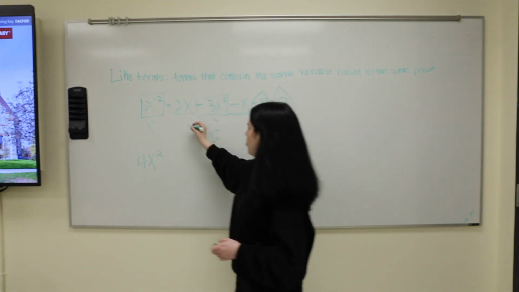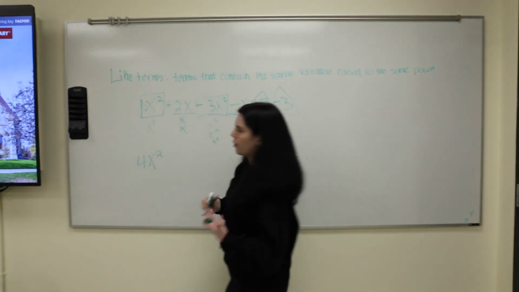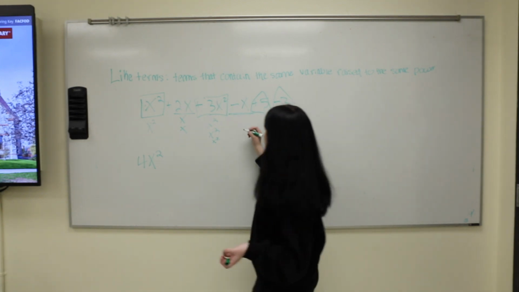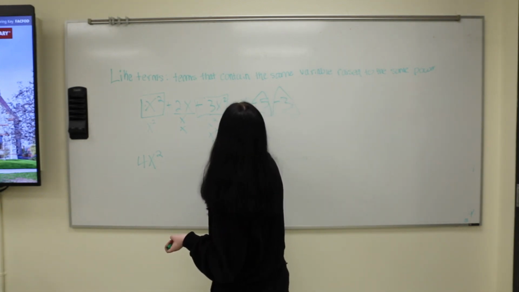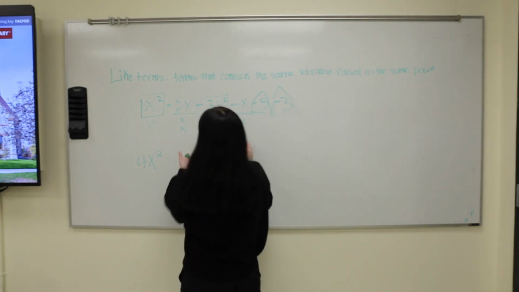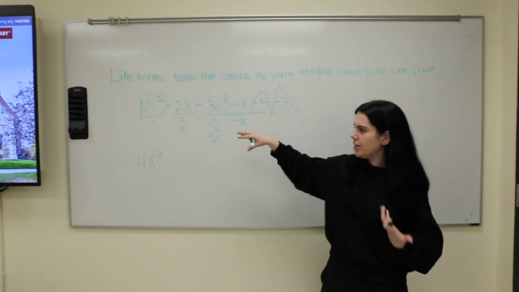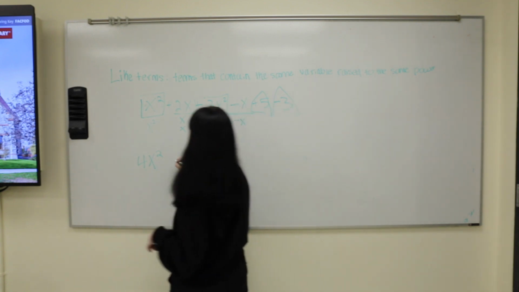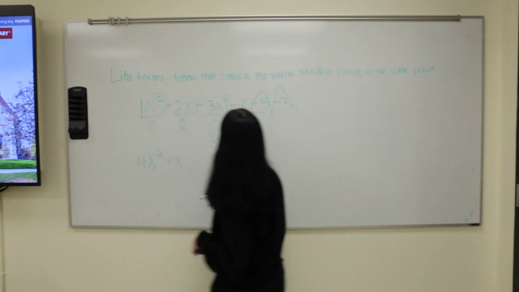Over here we have 2 x's, or maybe 2 Cokes, and then we have 1 negative x. So again, we can just lump them together. If we have 2 positive x's and 1 negative x, we can just think about it as having 1 x.